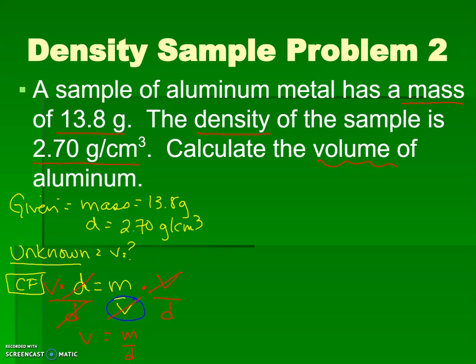So if we really take a look, if we're starting with density equals mass over volume, and we end up with volume equals mass over density, what you really can know is if you have some number equal to a ratio of things, basically the D and the V switch spots.